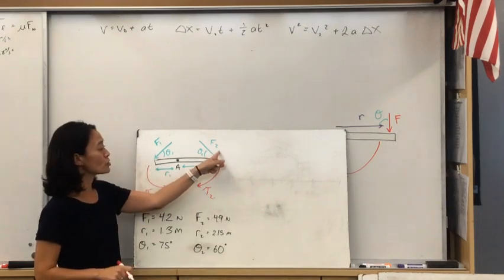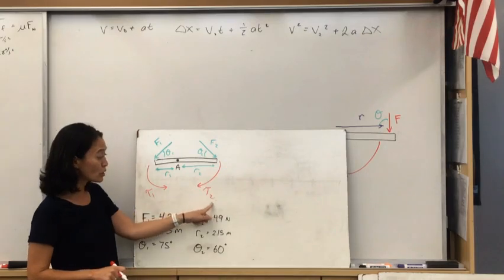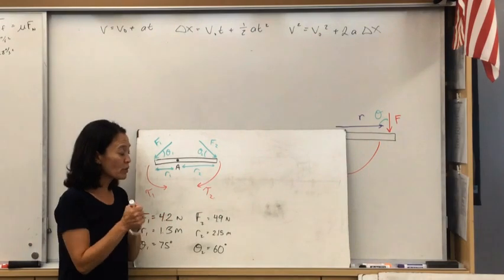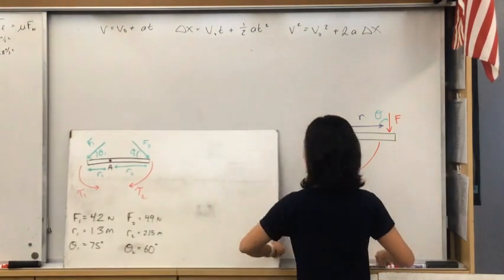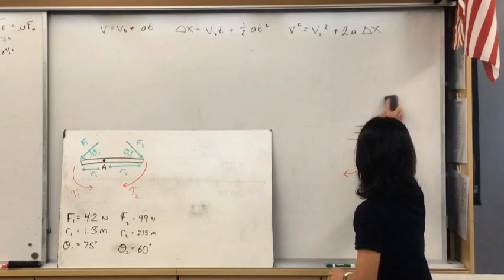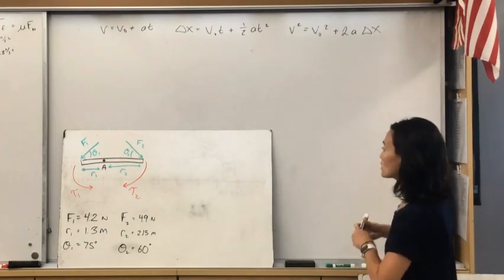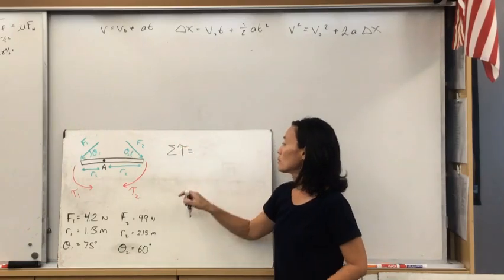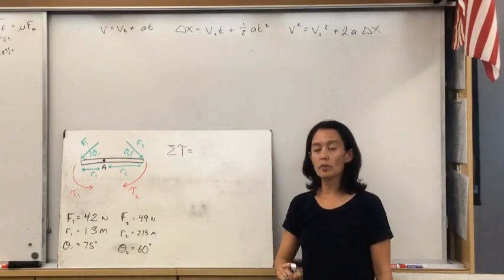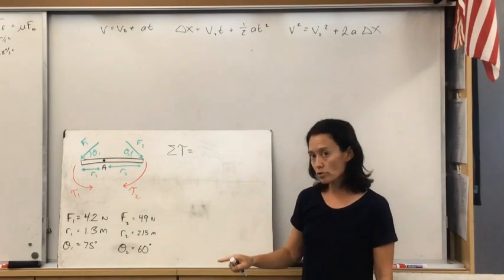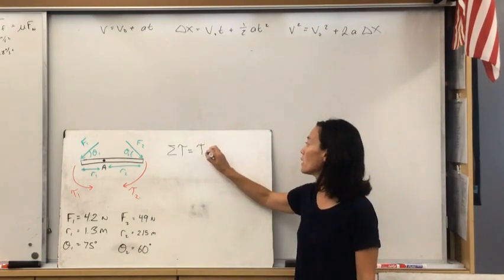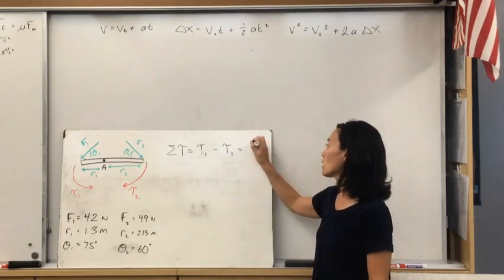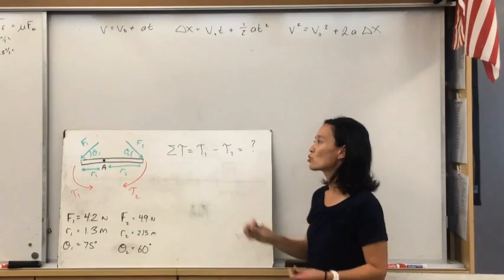And force 2 is causing a torque 2, which is a clockwise rotation. So if I'm trying to figure out what the net torque on my system is, remember, counterclockwise torques are positive, clockwise torques are negative. So you'd say, well, torque 1 minus torque 2 is equal to, I don't know, that's what I'm trying to find. What is my net torque on my system?